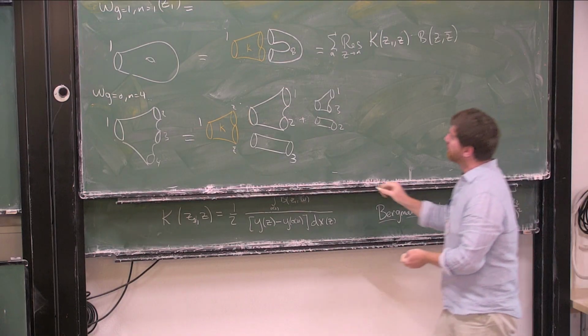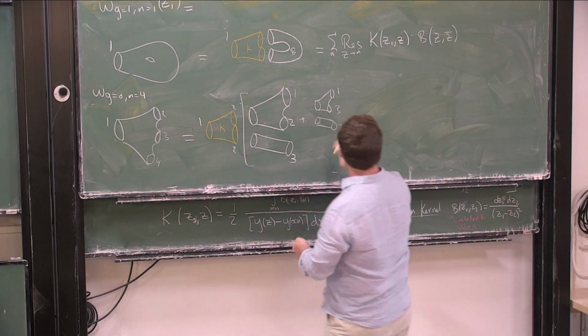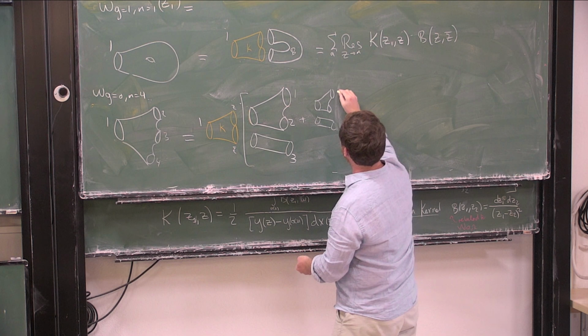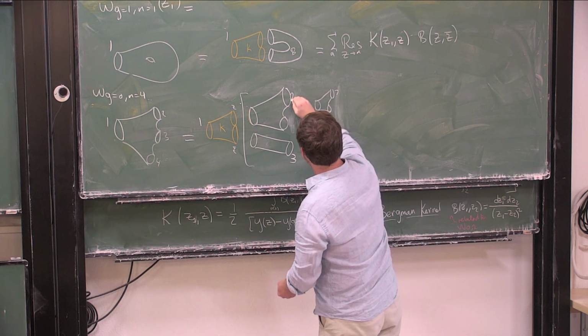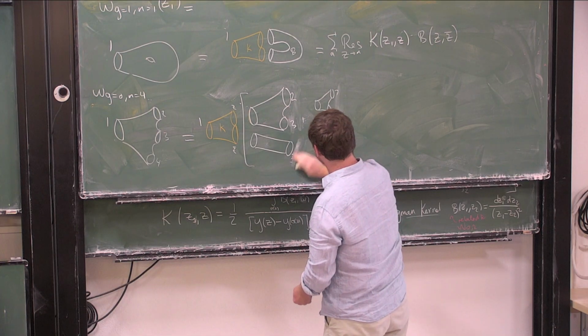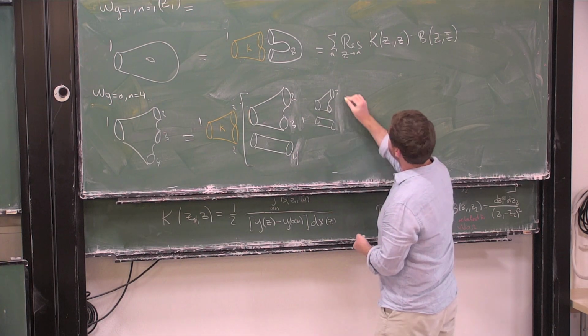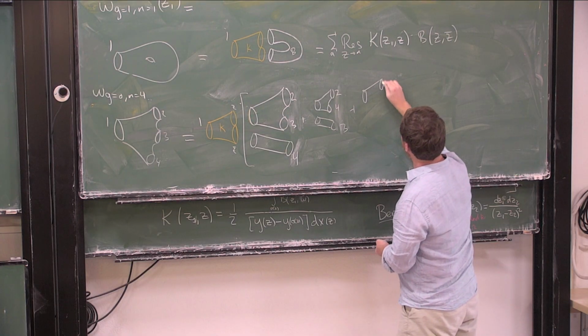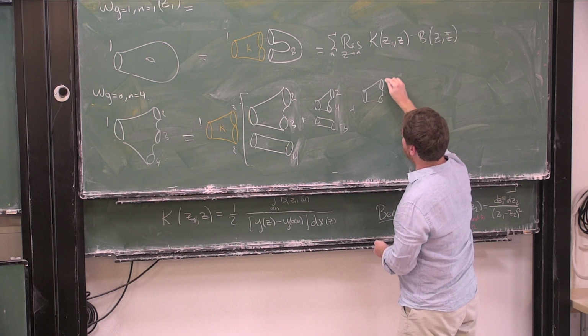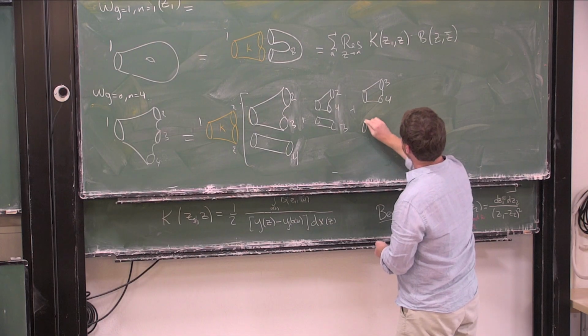I guess it's 2, 3, 4 because we started with 1. Oh, sorry. 2, 3, 4. Yeah, so what did I do here? Sorry. 2, 3, and 4. Okay. But there's also, for example, 2, 4, and 3. But there's also 3, 4, and 2.